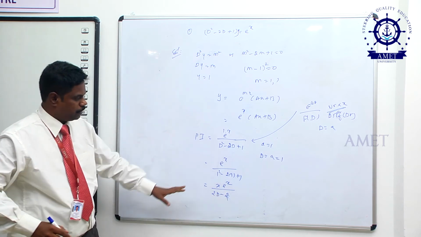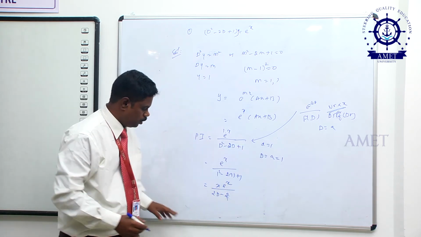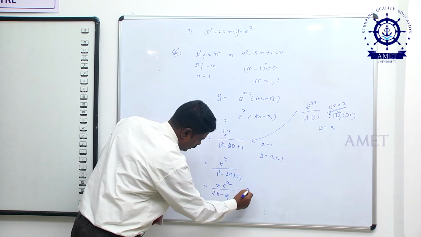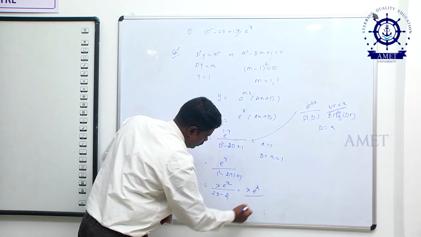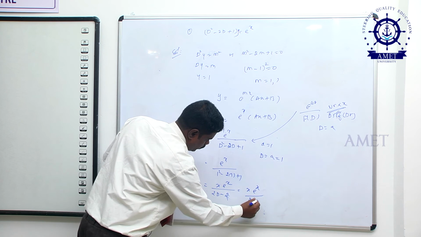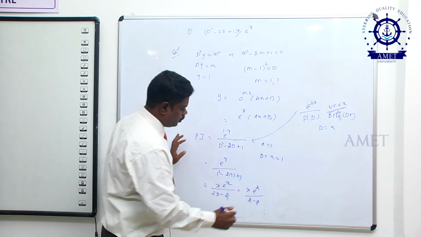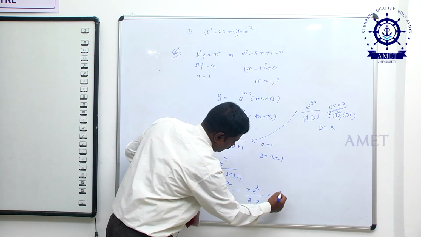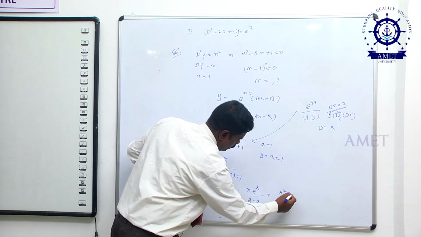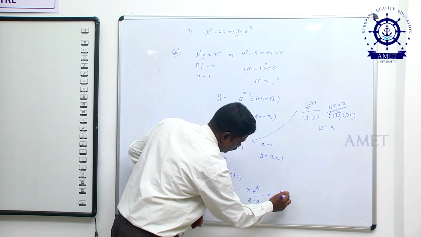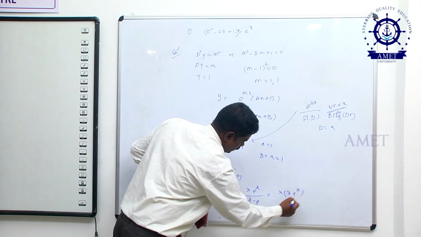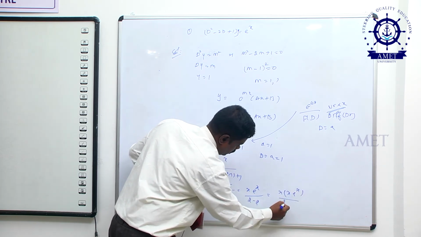Again apply the same concept with a equal to 1: x into e power x divided by 2 minus 2. Again the denominator tends to 0, so again repeat the same process. Multiply by x, giving x squared, and differentiate the denominator again, which gives 2.